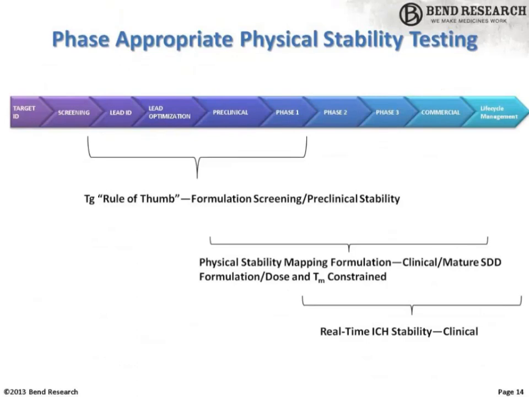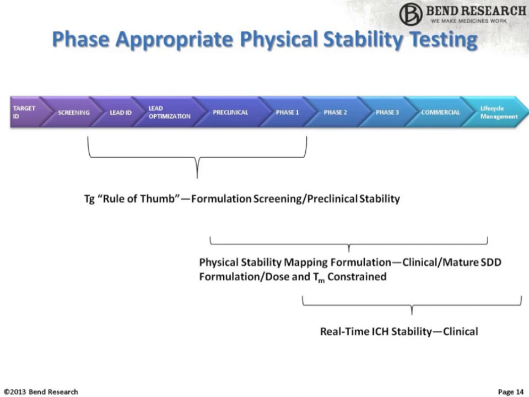So once performance has been defined, it's important to also know that your compound or your formulation is going to be physically stable. And it's important, I guess, to use phase-appropriate physical stability testing. That is, you don't want to make too big of an investment too early on a compound that won't progress, but also having the robust and scientifically rigorous data that's going to be convincing the filing that the amorphous dispersion will be stable long-term.